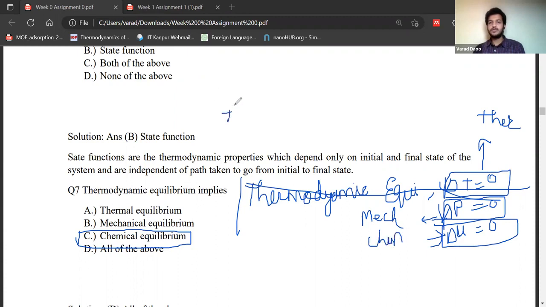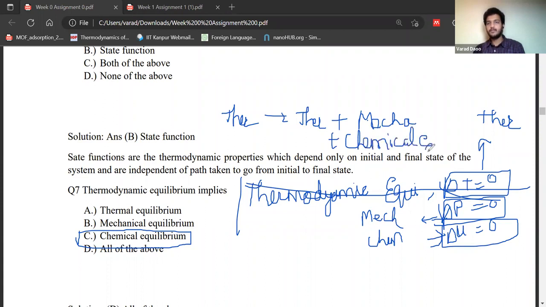So thermodynamic equilibrium means thermal equilibrium plus mechanical equilibrium plus chemical equilibrium. That means it is A plus B plus C, so the answer will be option D, all of the above. Right?